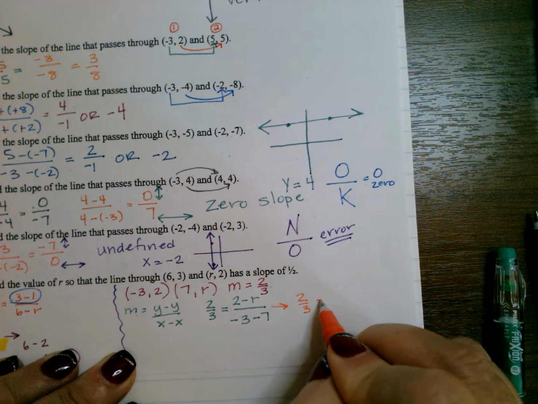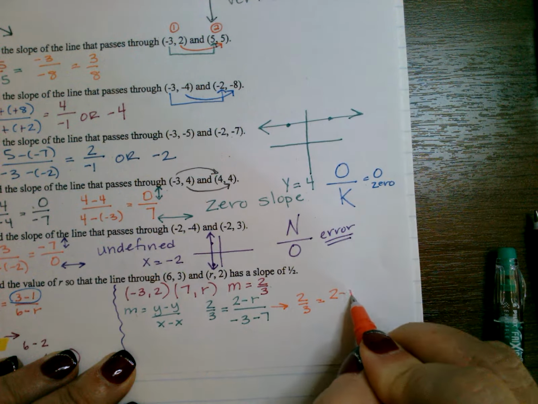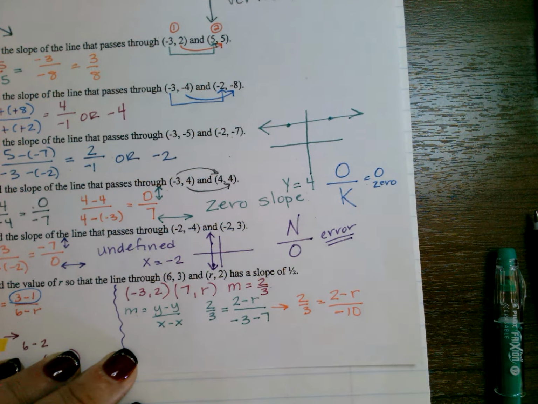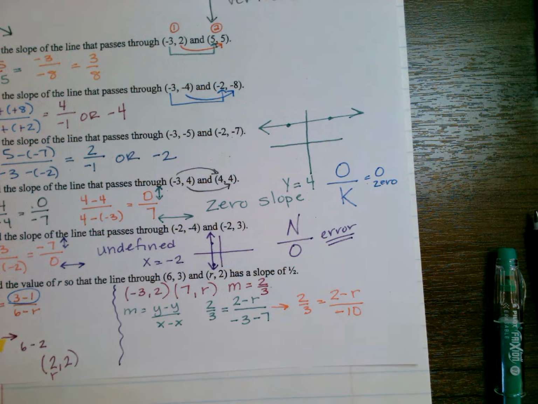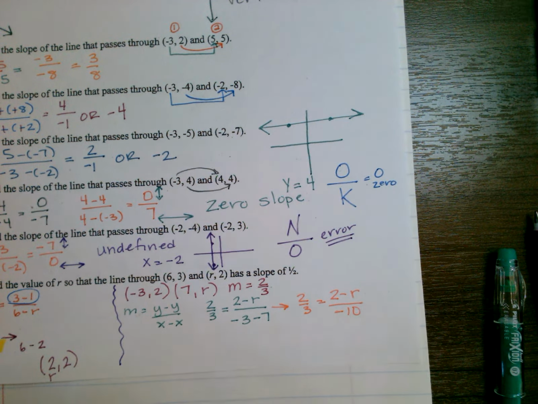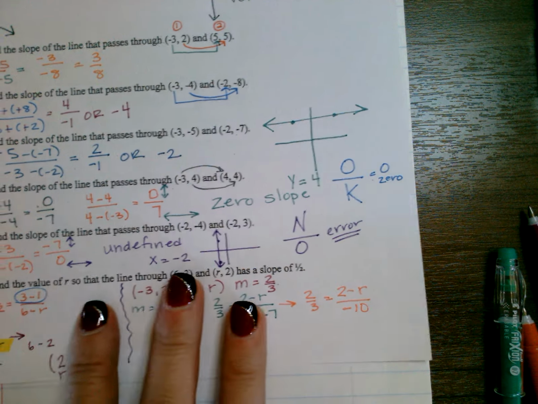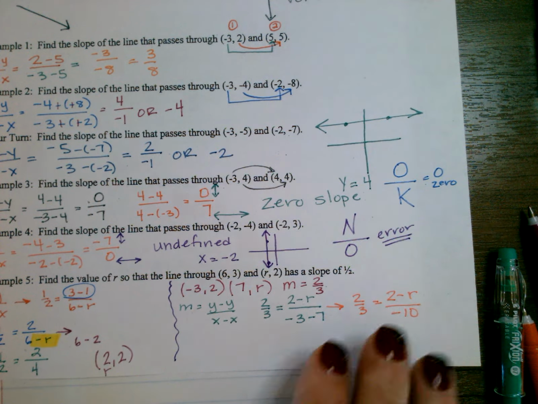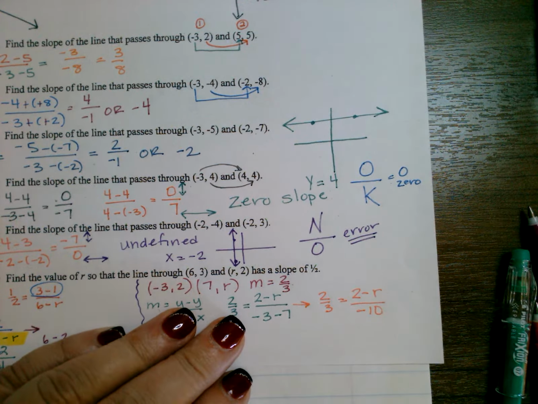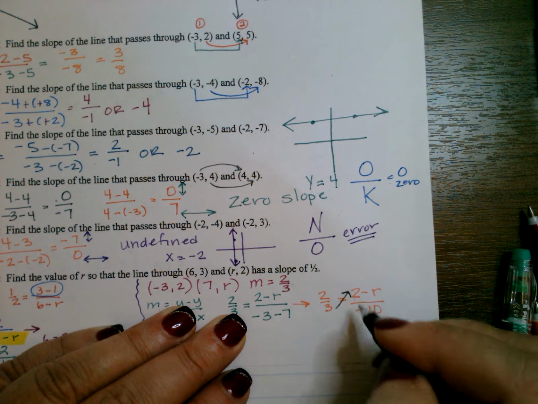So I still would have 2/3 equals 2 minus r over -10. Oh, it is very hard for me to turn a 3 into a -10. So to just reason our way through it like we did on the last one isn't going to work for me this time. Instead, I got to think about proportions.